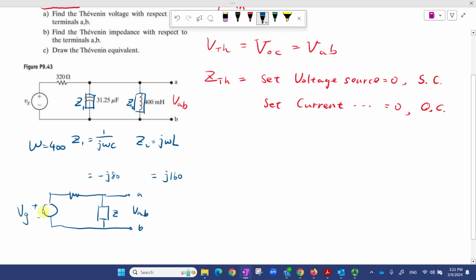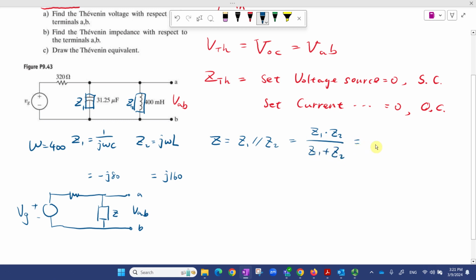This is the voltage VG, and it crosses these two, and the voltage shared on this Z is VAB. That's the idea. So the first step is to find this Z. Z equals Z1 in parallel with Z2, and the equation for that is Z1 multiplied by Z2 over Z1 plus Z2.